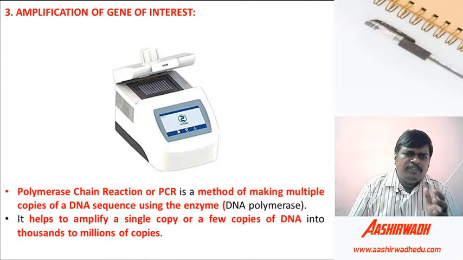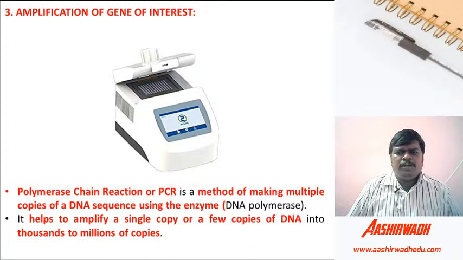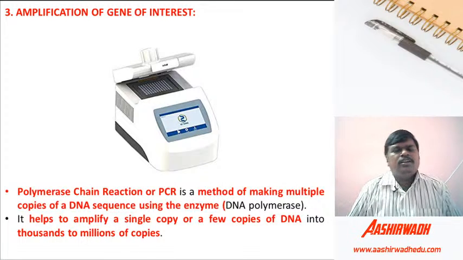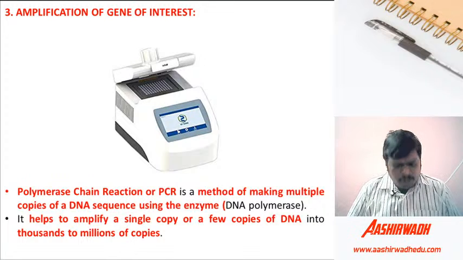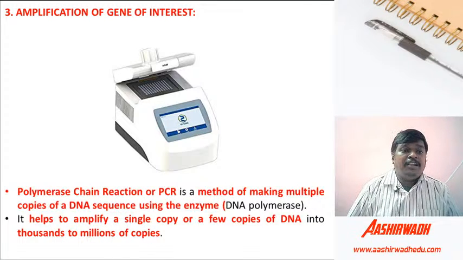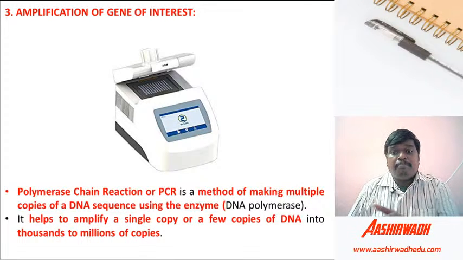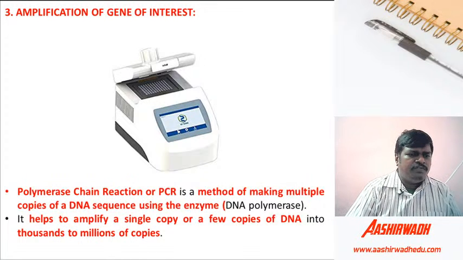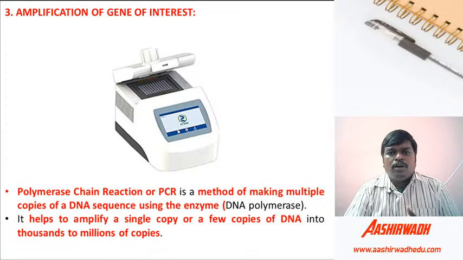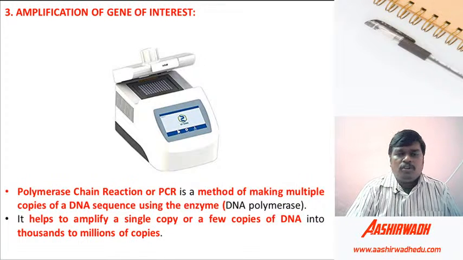There is an instrument which is called the PCR instrument, the polymerase chain reactor, or PCR. It is used to increase multiple copies of a DNA sequence by using the enzyme DNA polymerase. So this PCR helps to amplify a single copy of DNA into millions of copies of DNA.